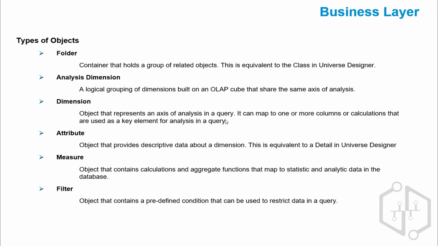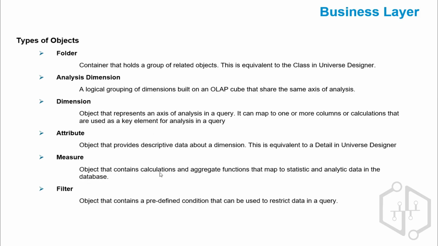So if we are analyzing sales revenue, we need to have some perspective, in which perspective we are analyzing. Are we doing a region-wise sales analysis or product-wise sales analysis? So here region and product come under dimensions, and sales is a measure.